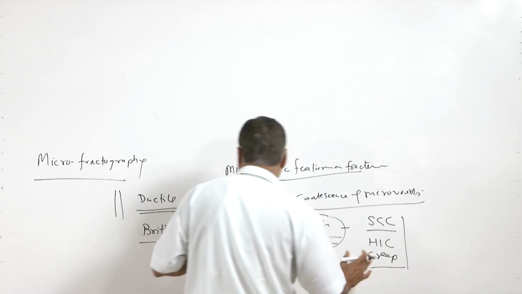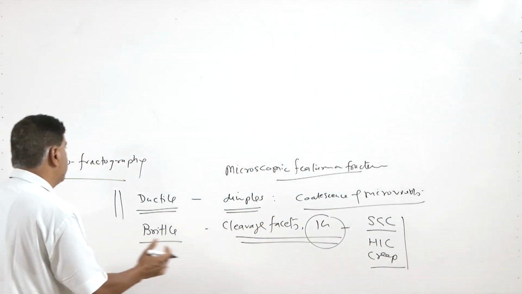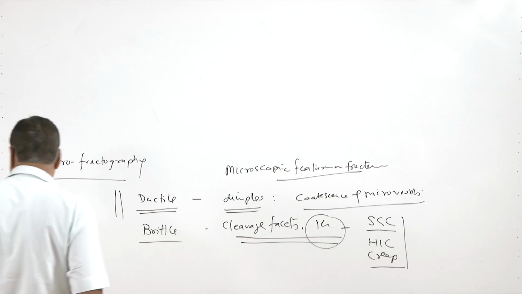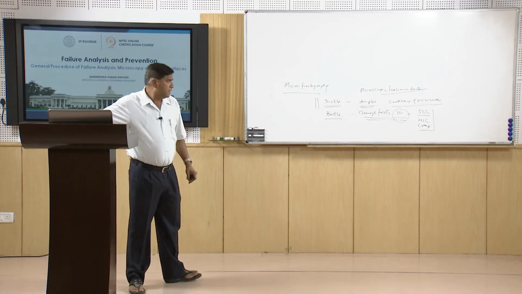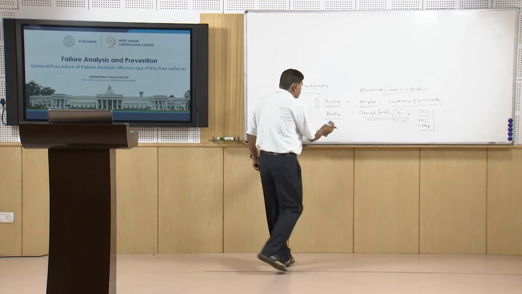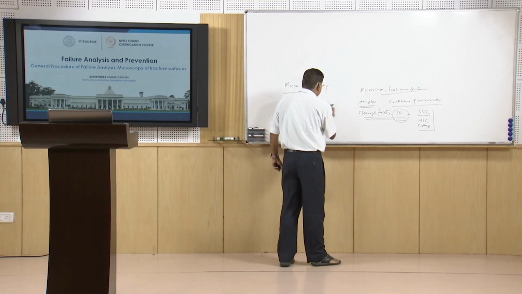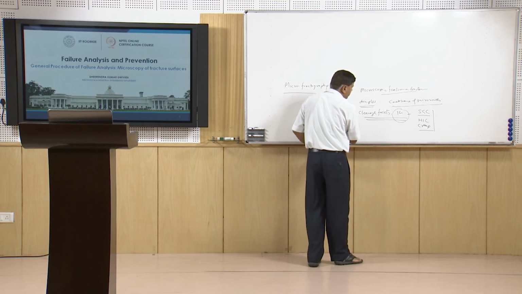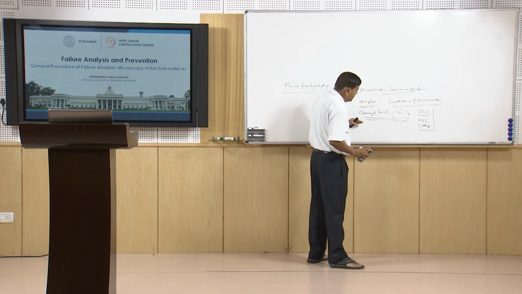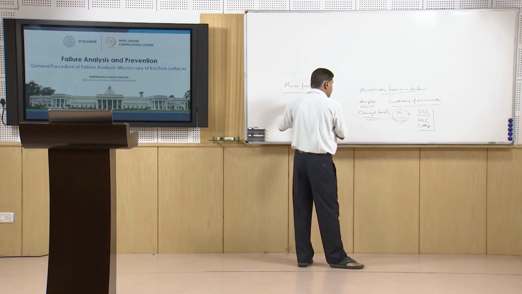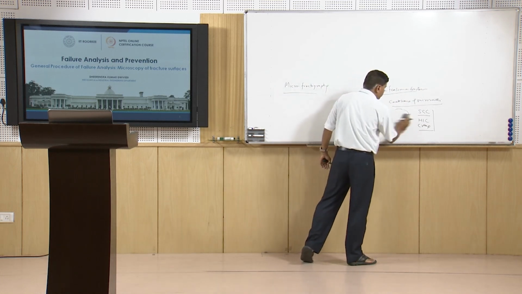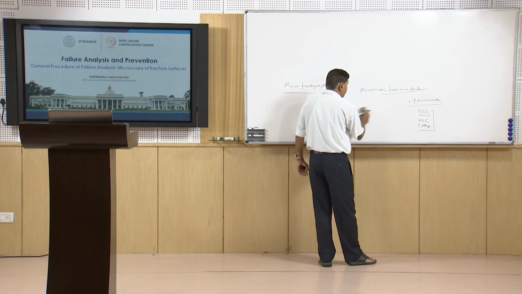But these can be substantiated only through the microscopic fracture mechanisms. The microscopy of the fracture surface helps in identifying these features present on the fracture surface, which will indicate the possibility of ductile or brittle fractures.